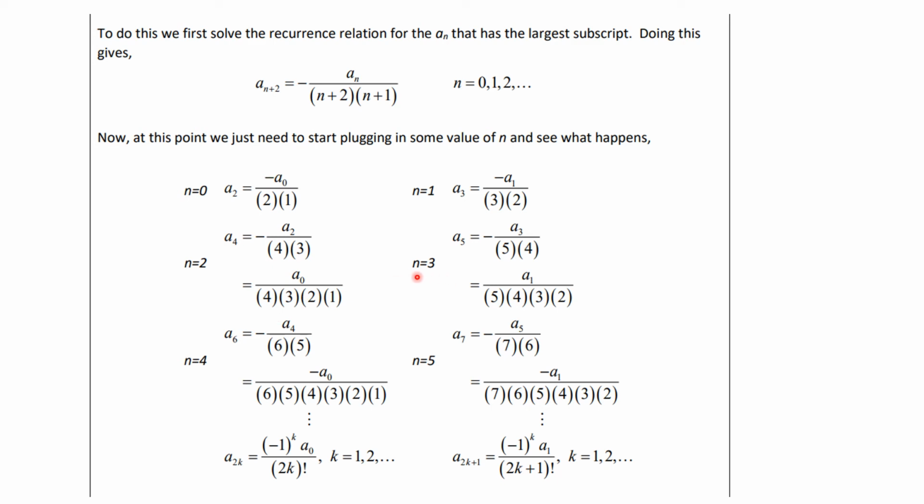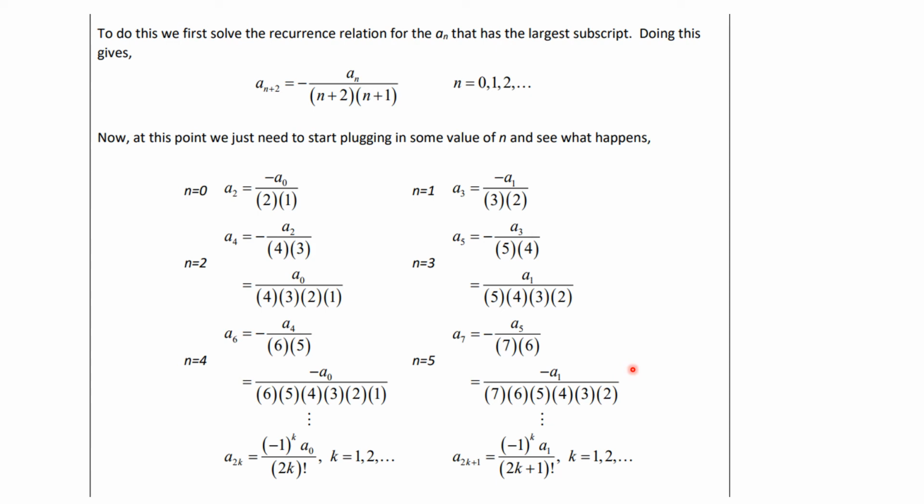When n is 3, I have this, but I knew that a3 was this, so I can substitute and I get this expression. So by doing repeated substitutions, I can have all of these coefficients be in terms of a0 and a1. Here's what I get for a4, here's what I get for a5.